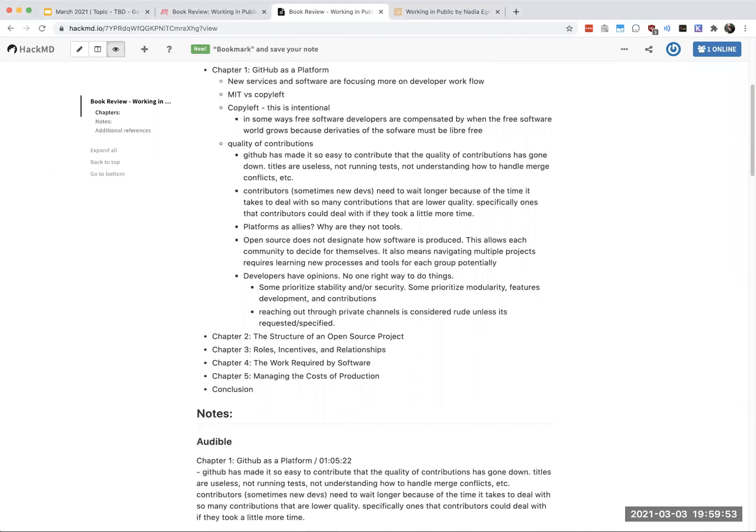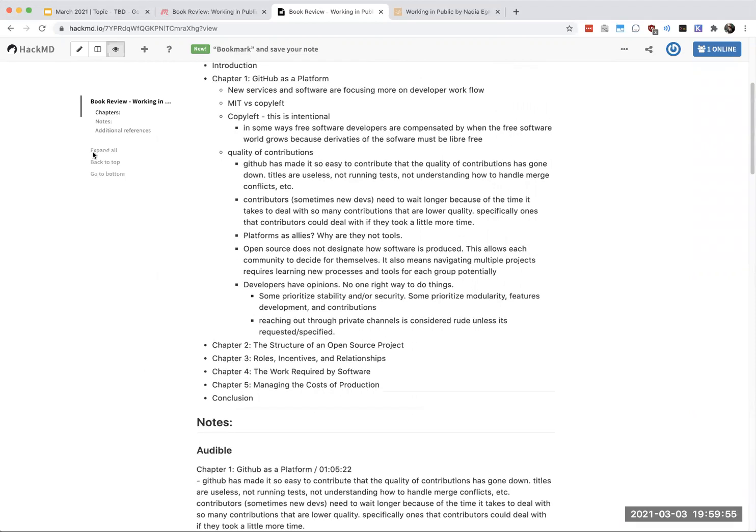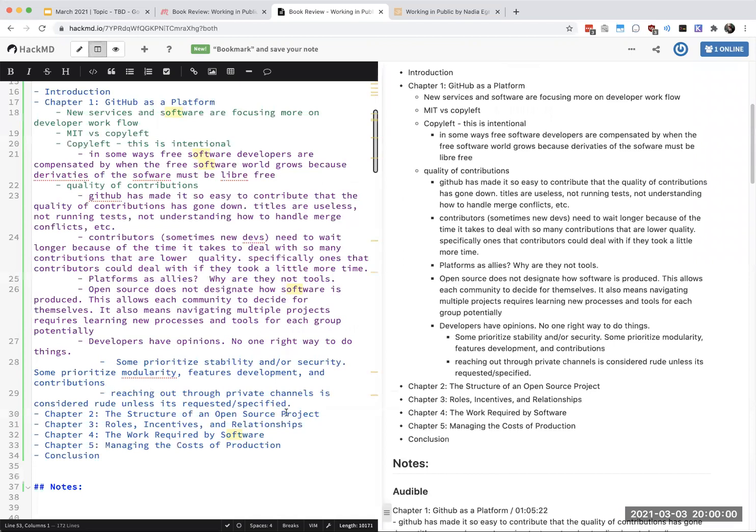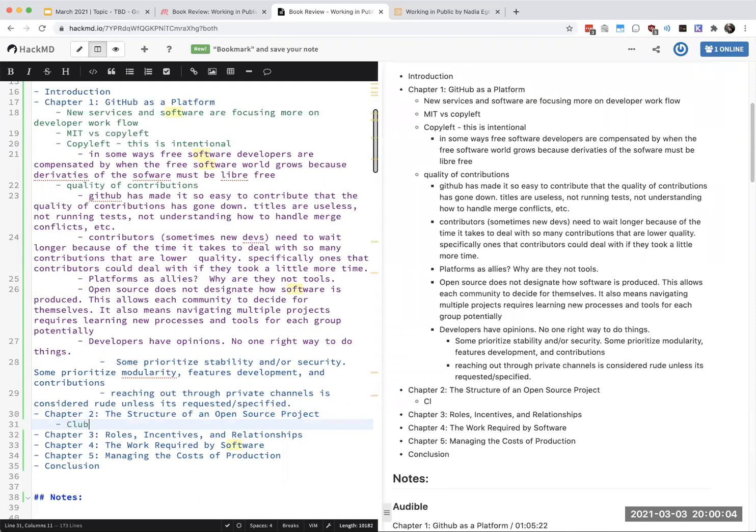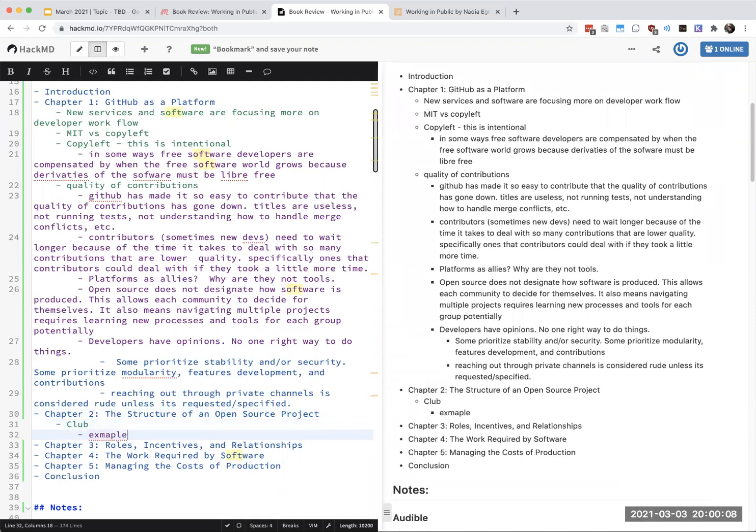All right. The example of the club would be AstroPi, the astronomy software. It has a really narrow focus, and that makes it easier to recruit contributors and maintain relevance for people who are interested in astronomy software.